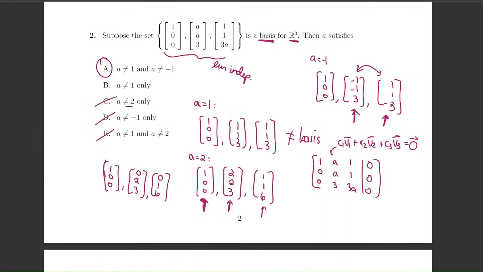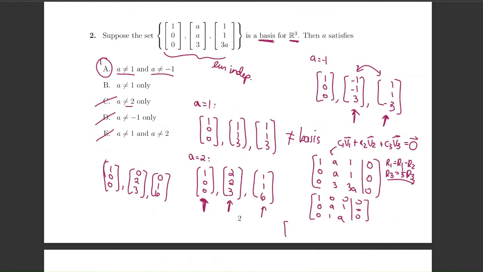So if I do row 1 equals row 1 minus row 2 and row reduce this, I'll take 1/3 of row 3 as well. 1, 0, 0, 0, 0, 0, 0, a, 1, 0, 1, a. Then you can see that if a is equal to 1 or -1, then these two rows will be linear combinations of each other, right?